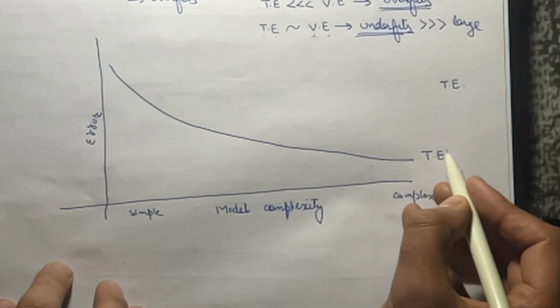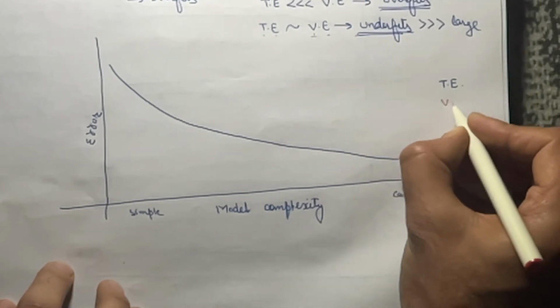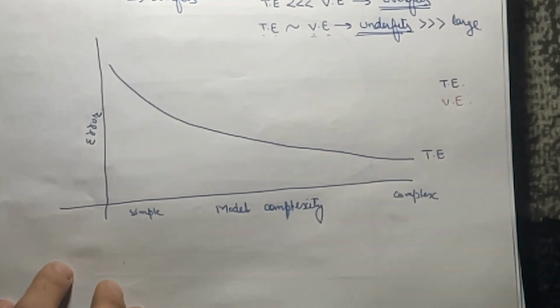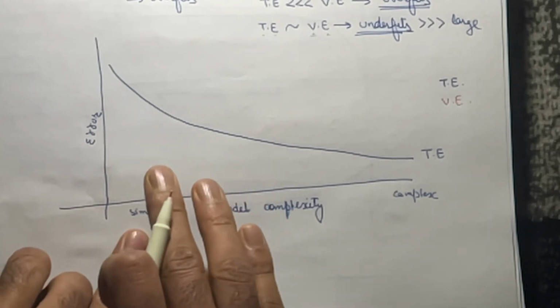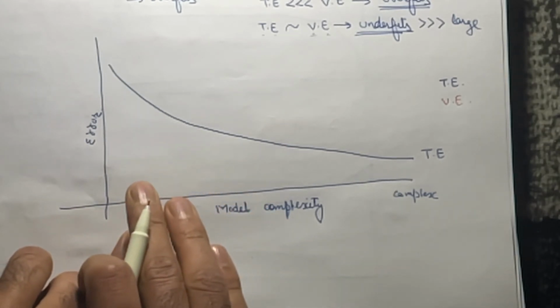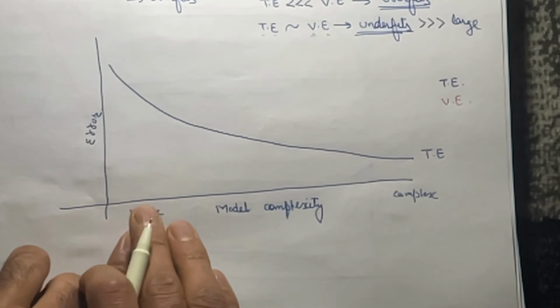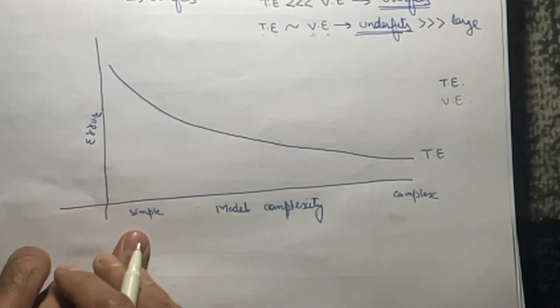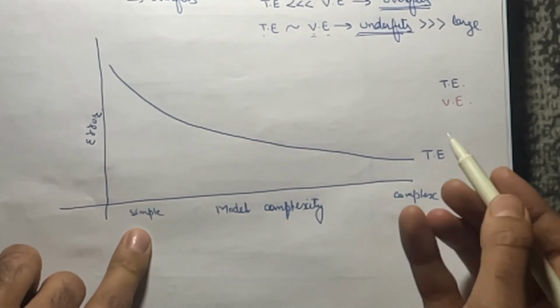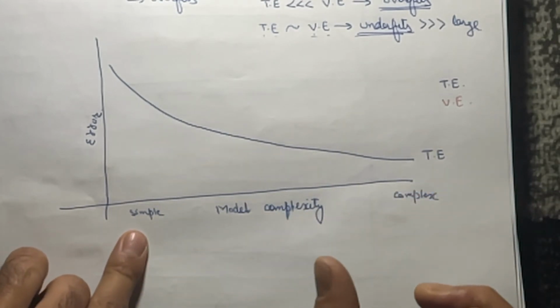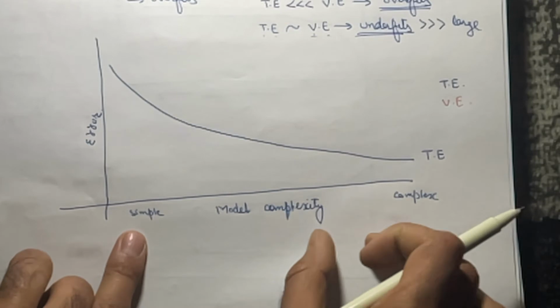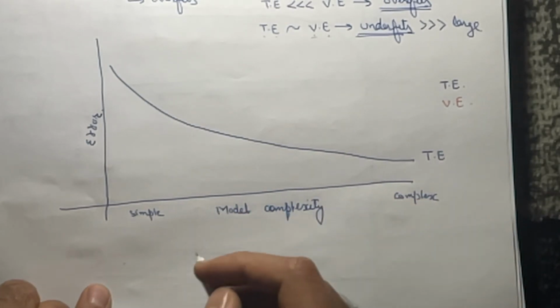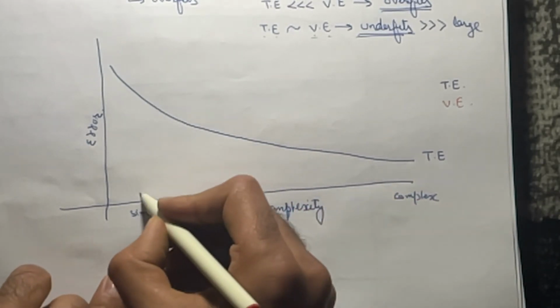Now this was about the training error, let's take the validation error. What will be the validation error for a simple model? The validation error for a simple model will be less, and with increasing complexity, validation error will increase. So it will be like this.